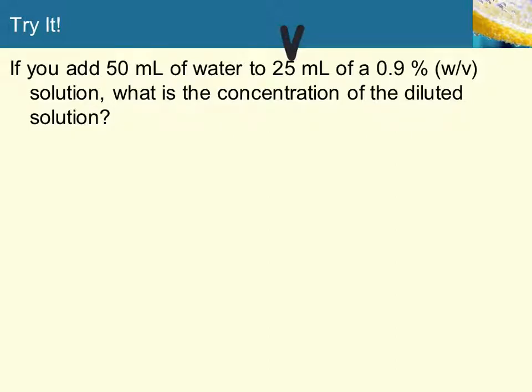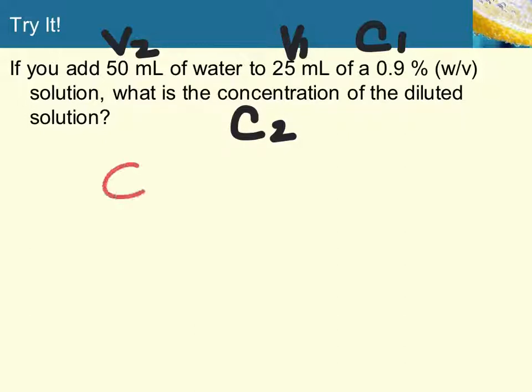So this is your V1, and this is your C1, and this is going to be your V2, and you don't know what your C2 is. So using our formula, C1V1 equals C2V2, we can simply solve for this.